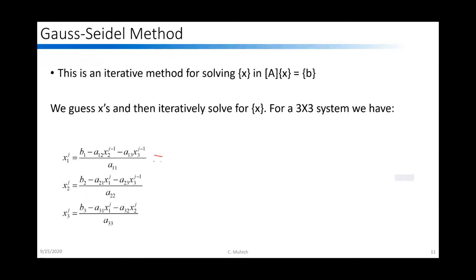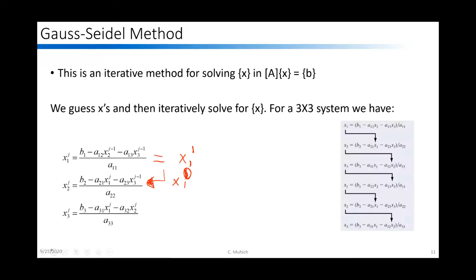So in our first round through, we calculated some new x1. But when I went down to calculate x2, I used the previous value of x1, say, x0, even though I know more about my system. I know a better guess for x1 than I previously did. The Gauss-Seidel method is going to take advantage of that.